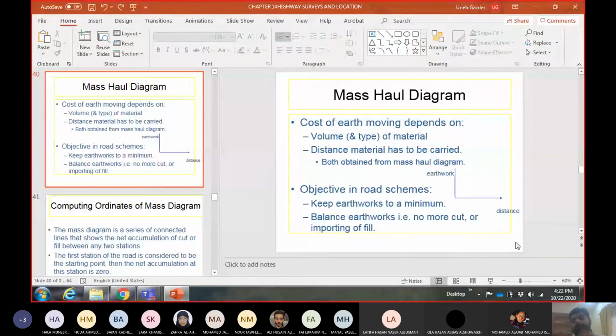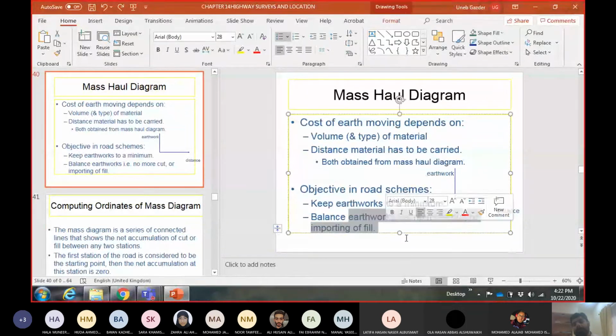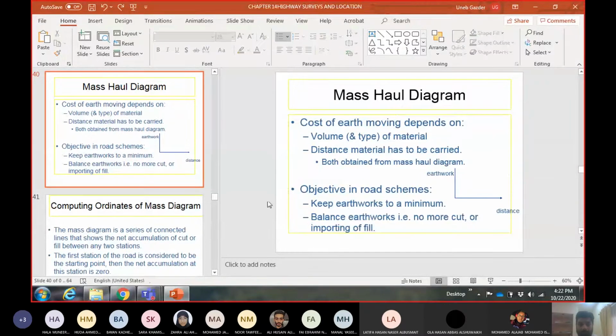Another thing you have to keep in mind while designing the highway is to balance the earthwork. What do we mean by complete balance? You require, let's say, 500 cubic meters of filling, after adding for shrinkage, and on the cut cross sections of your highway, you are getting exactly 500 cubic meters of material.